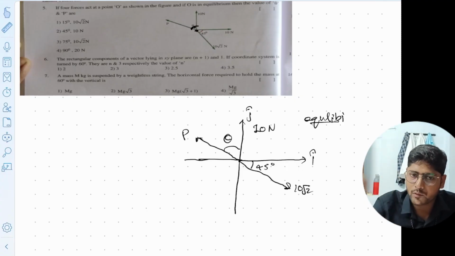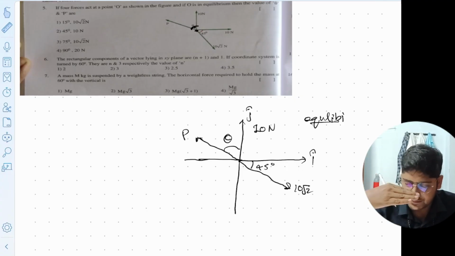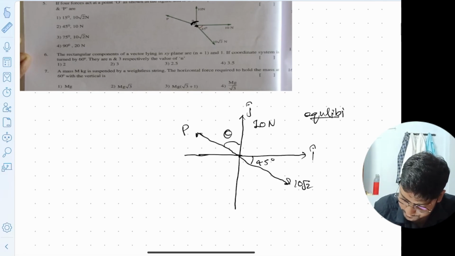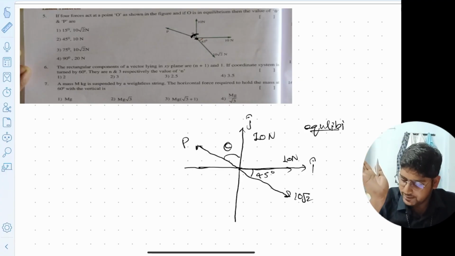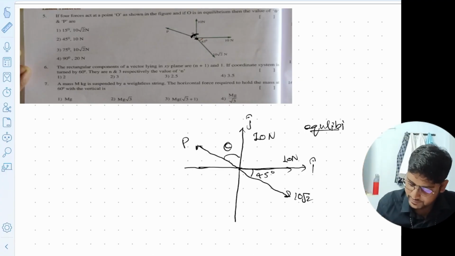The force along the positive x axis should be equal to the force along the negative x axis. Along the negative x axis we have one force, 10 Newton also. So we take 10 root 2 cos 45.